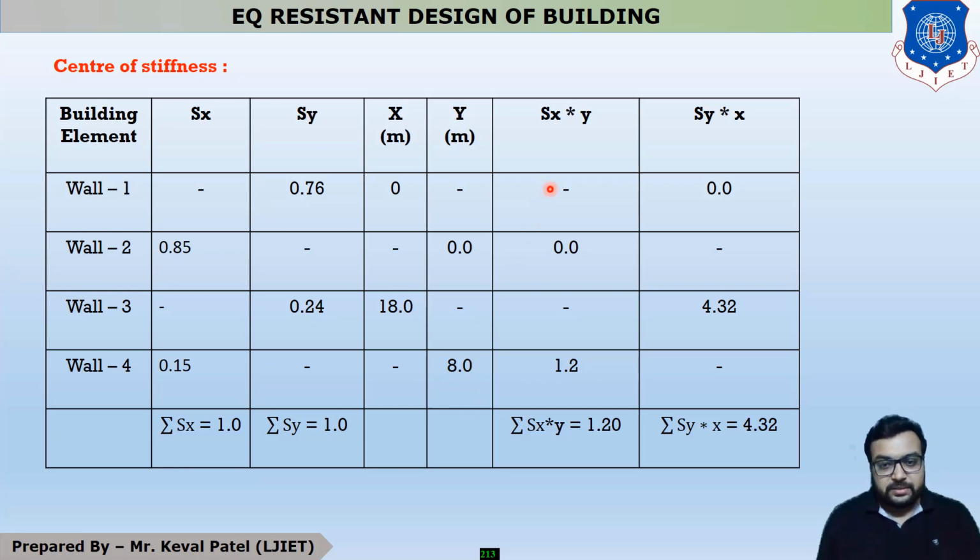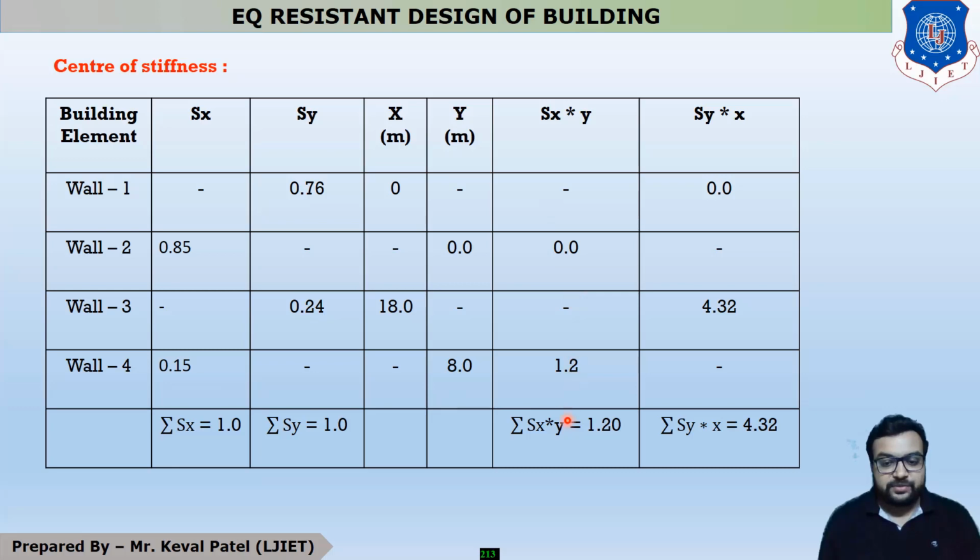Now these two equations are very important. Sx means the x direction wall taking the load of y direction, and Sy means the y direction wall taking the load of x. So this is Sx into y: 0 into 0 is 0, 0.85 into 0 is 0, 0 into 0 is 0, and 0.15 into 8 is 1.2.